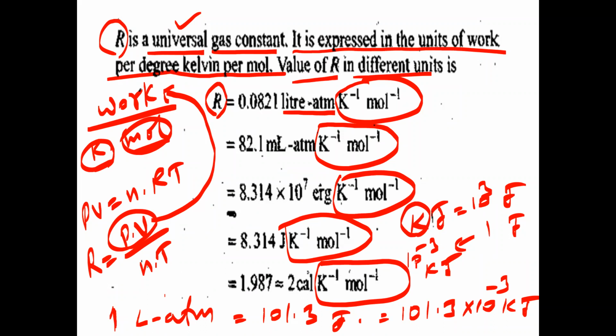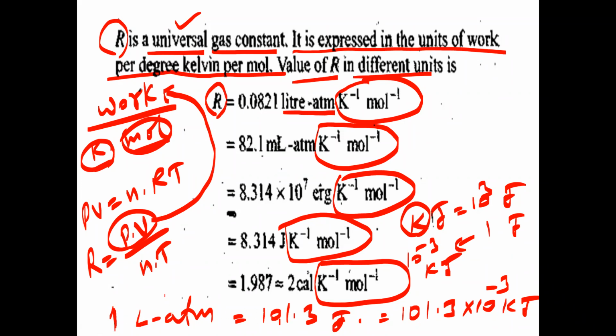Then 1 joule is equal to 10 power minus 3 kilojoules. So in place of joule, we can write 10 power minus 3 kilojoules. So this is the work done by 1 liter of gas when it exerts 1 atm pressure. This conversion value we have to remember.